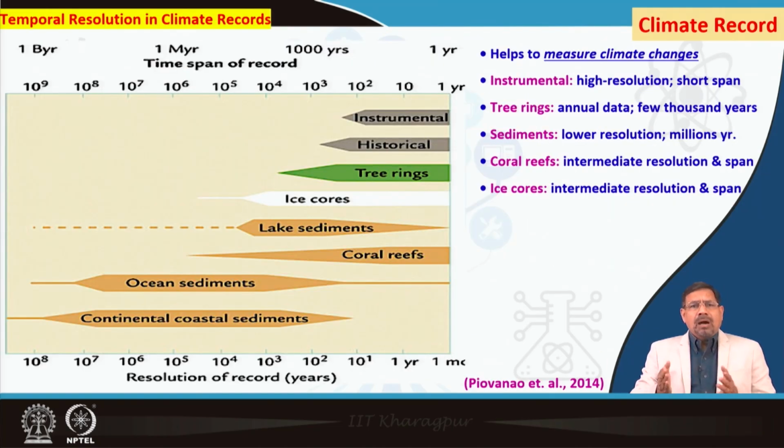So, with respect to the time, what are the different ways we collect climate records? For a longer time frame, we go for continental and coastal sediments or oceanic sediments. Relatively, we have started using proxies from lake sediments and coral reefs or ice cores.